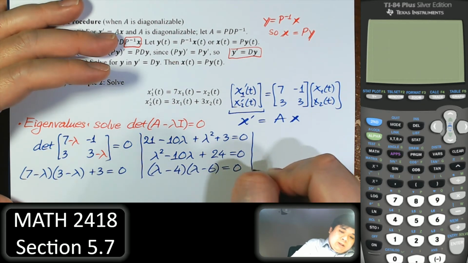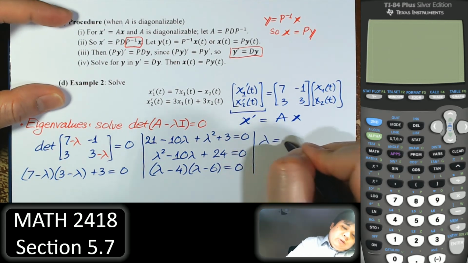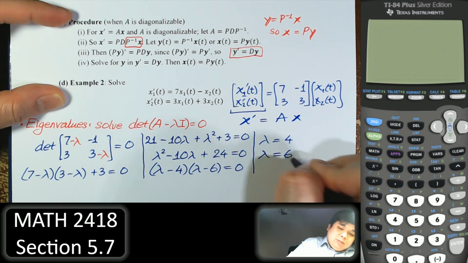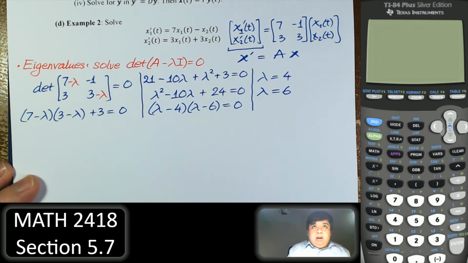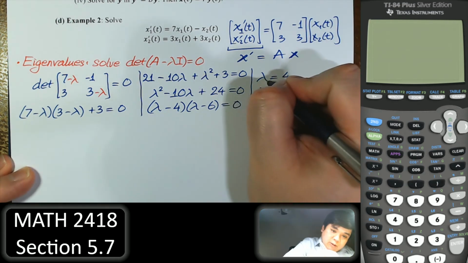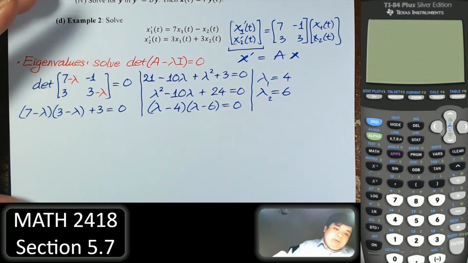So we have lambda equal to 4 and lambda equal to 6. Those are the eigenvalues 1, 2.